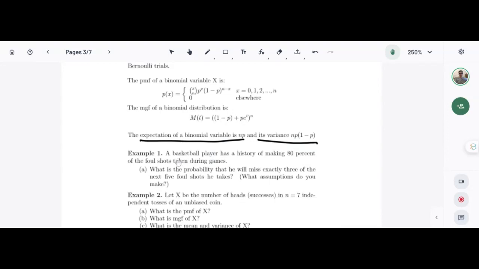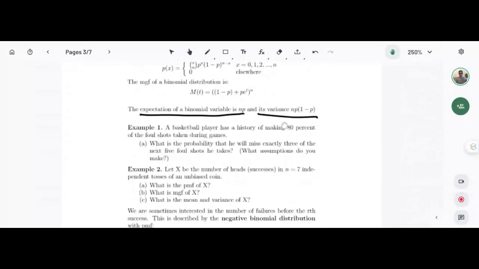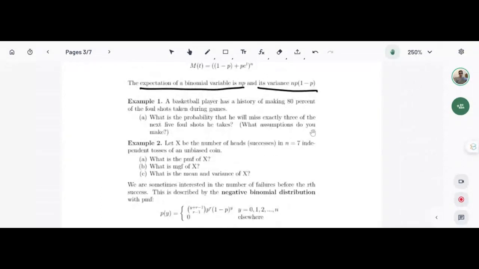Now let's solve one example. You have a basketball player who has a history of making 80% of the foul shots taken during games. What is the probability that he will miss 3 of the next 5 foul shots he takes? So his success rate is equal to 80%.